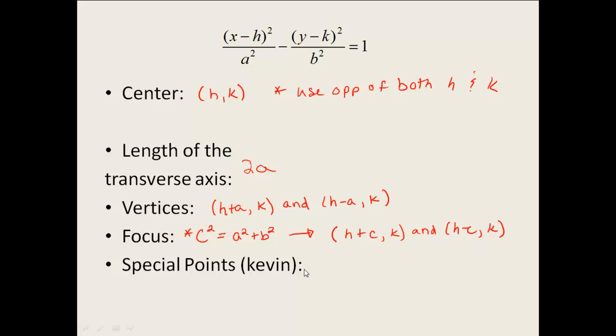And then those special points, we have to change our y value. So now our x value is going to stay the same, and we have to add and subtract b from our y values in order to get those special points. So that's all of the information for that first set of equations there.